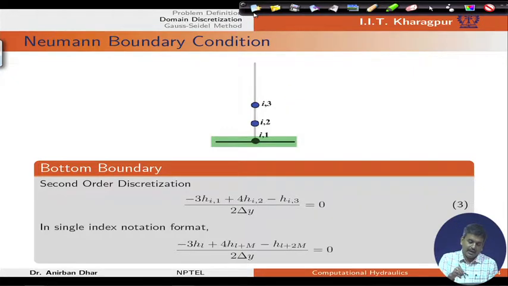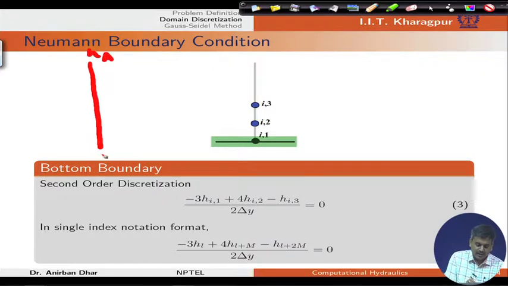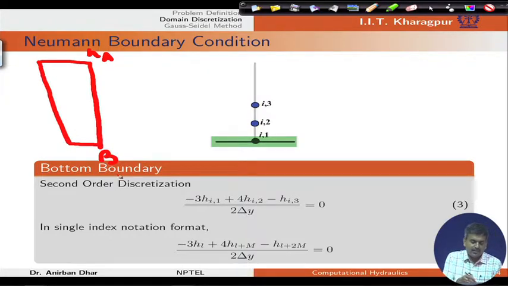So, we have completely defined our system, because on the left hand boundary and the right hand boundary we have specified values. If this is H A and this is H B, and it varies like this, we can specify the variation for different nodes.